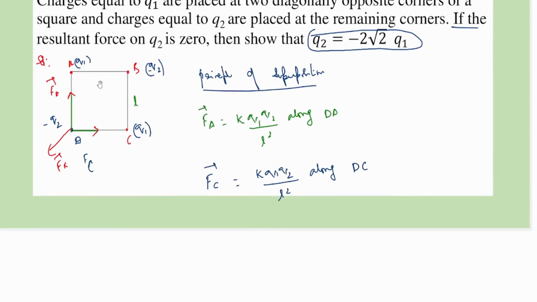We'll find what is the force which the charge kept at point B exerts on the charge kept at point D, which is a repulsive force. That we call F suffix B. That is equal to K. In this case, the charges are of the same magnitude and polarity, so it becomes Q2 into Q2 by the distance between point B and point D. Now this distance, if you solve it, would be root 2 into L. That is using a simple theorem.